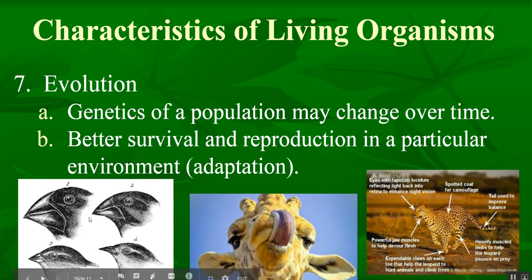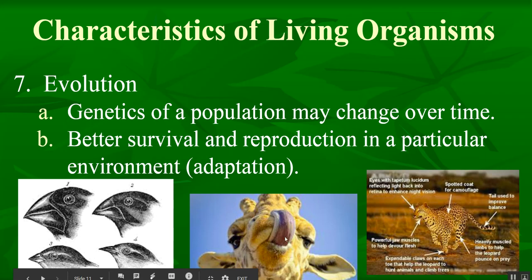So one of the most famous examples is the finches here. So they all have different beaks, and that went from they were on different islands, and so the food sources there were different, and so slowly the ones that had bigger beaks, those were the ones that survived on the islands because they could get certain seeds. But this one was like nectar, so it needed a smaller beak.